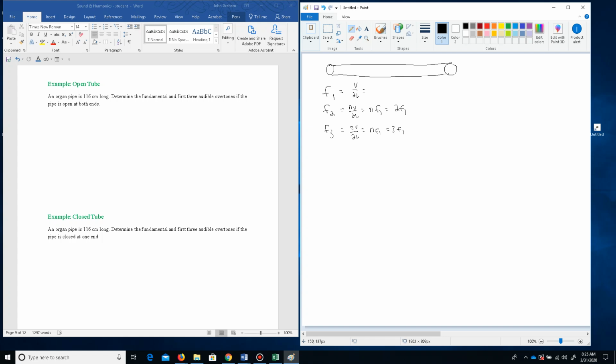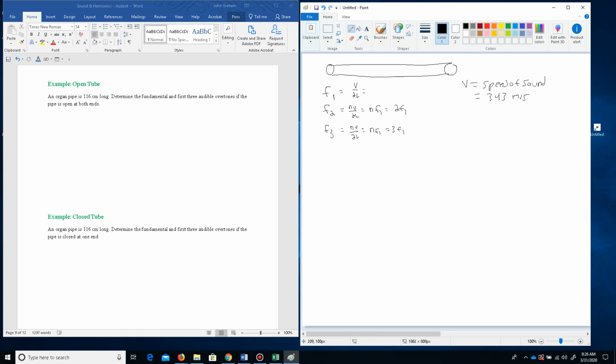So once we get the first frequency, then we can just multiply it to get the next 2. Now, we don't know what V is yet, so we have to find V. V is going to be the speed of sound. It doesn't tell us the temperature, so we're going to assume about 20 degrees, and we're going to say the speed of sound is 343 meters per second.